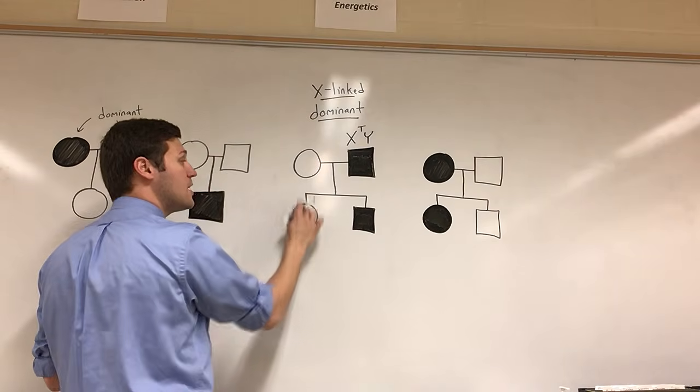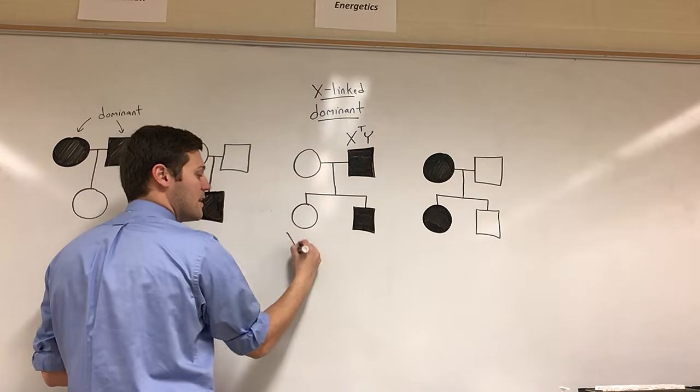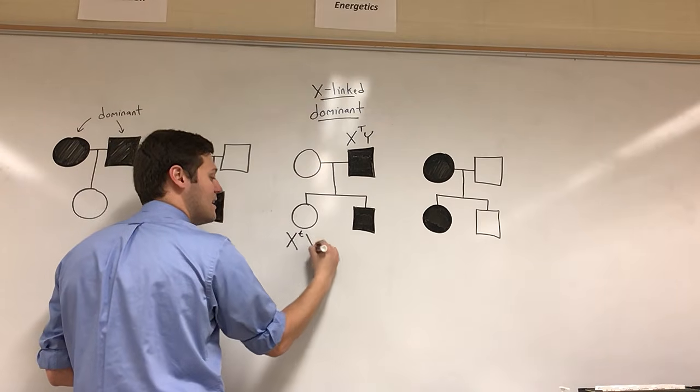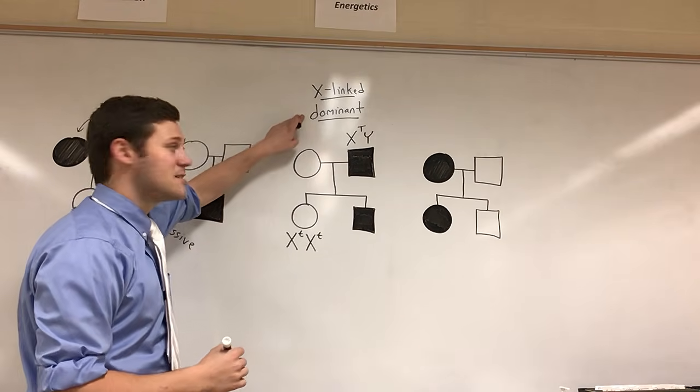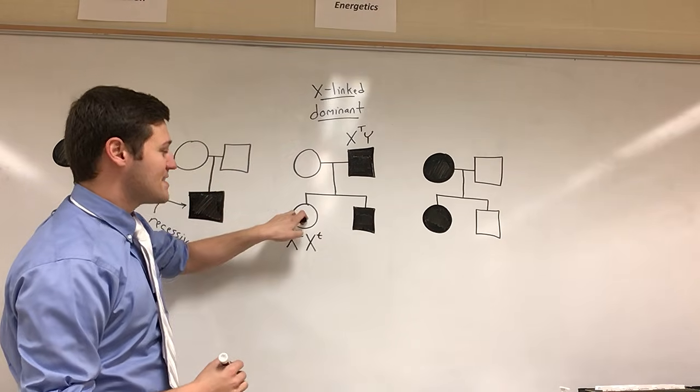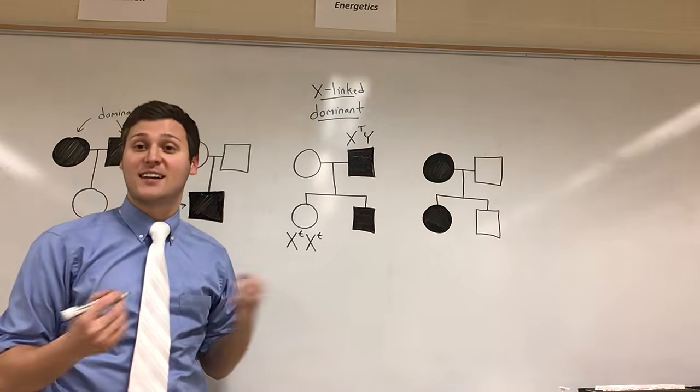Now, if you have an unshaded female, it has to be X little t, because we've established that it's dominant. So if it's X-linked dominant and it's not shaded, it has to be X little t, X little t.